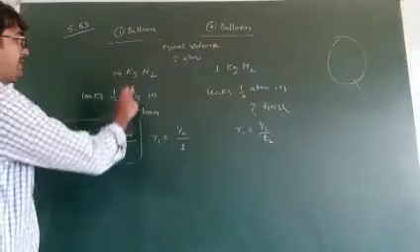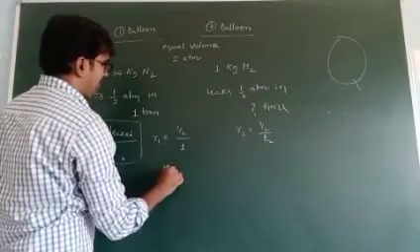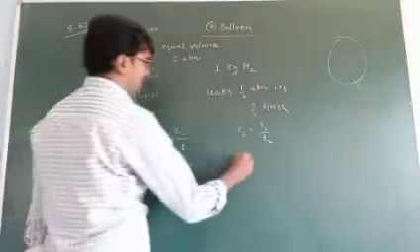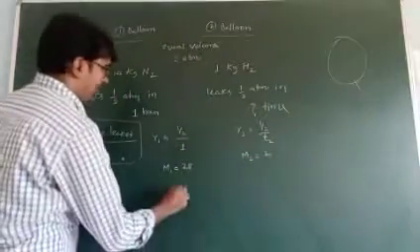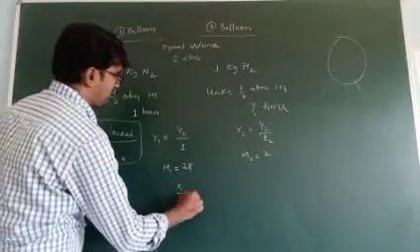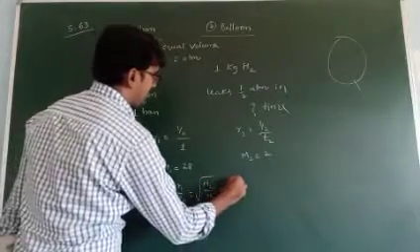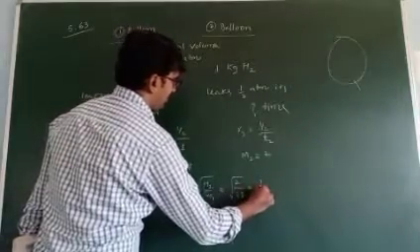Here M1 value is 28, the molecular weight of N2, and M2 value is 2 for H2. So R1 by R2 is equal to root over M2 by M1. M2 value is 2, M1 value is 28, so that is root over 1/14.